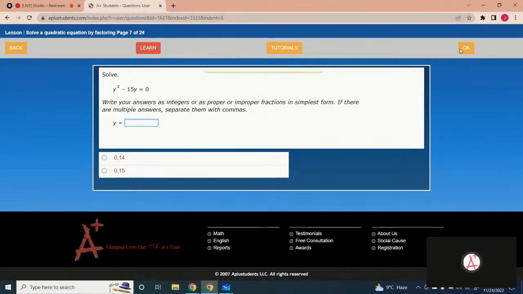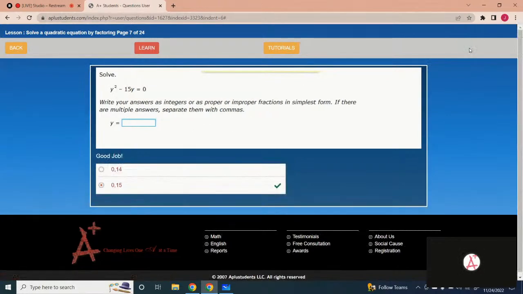Okay, y square negative 15y. So the values of the y are 0 and 15. Got it? Just select the correct option and click on the OK button.